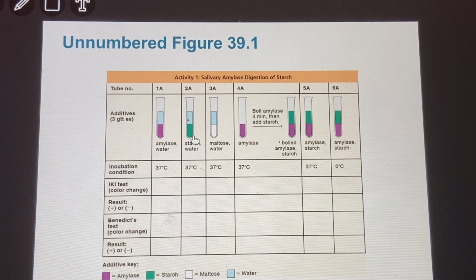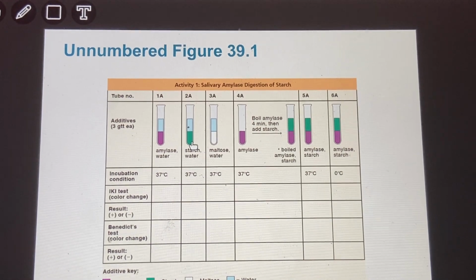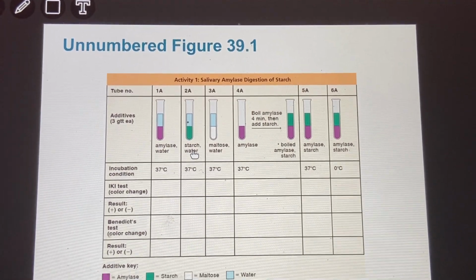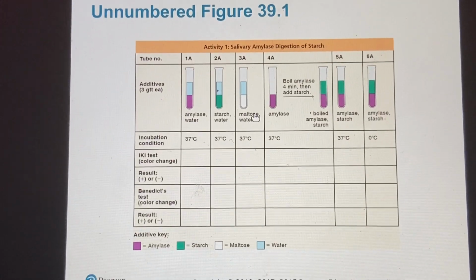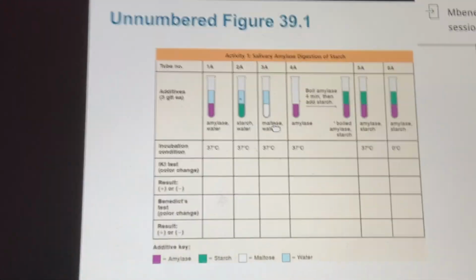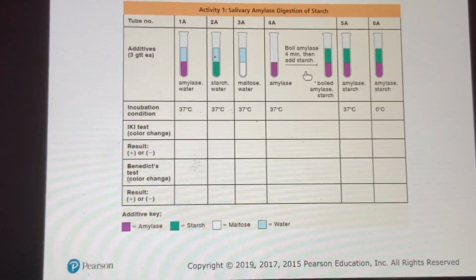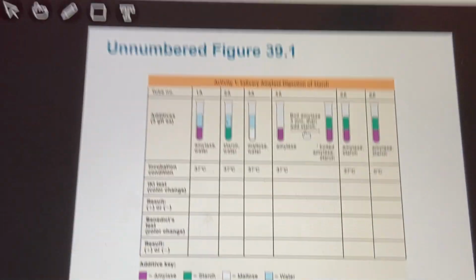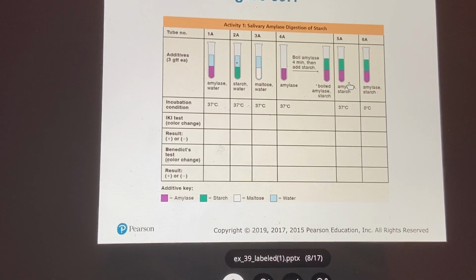Now this one, starch and water. There could be some starch dissolved in water, but there's no amylase here. What about this one, maltose and water? There's no enzyme, and maltose is already a simple sugar, so there's not much to happen. What about this one? Your enzyme is dead. What will it do with amylase and starch? Then amylase and starch, and amylase and starch.